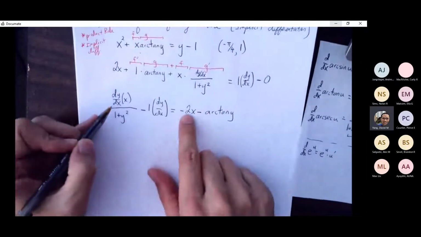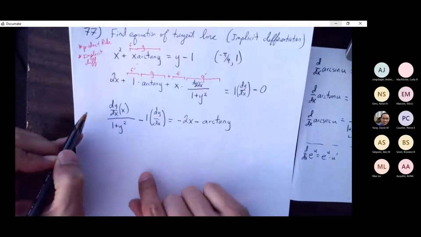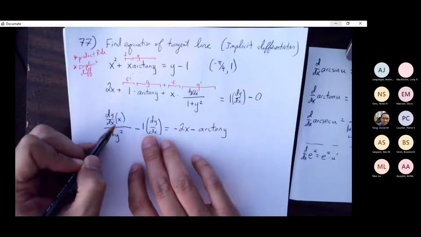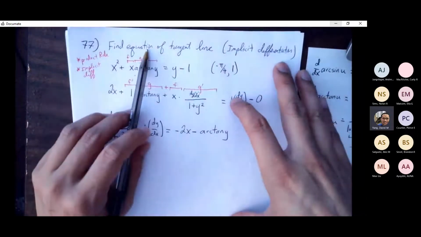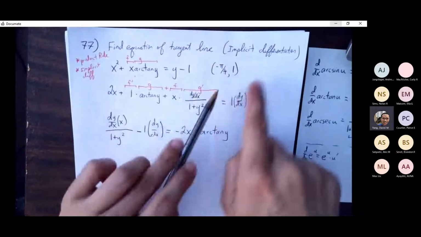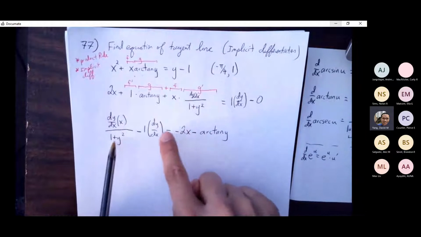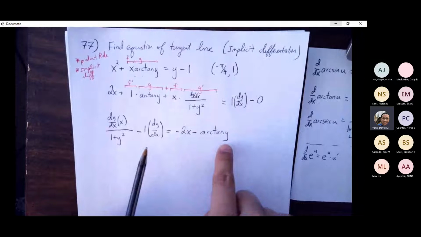Okay, so now we could isolate the dy dx by itself first, but we're really not after the derivative equation. We're after the slope. So as soon as my dy dx's are showing up, I can start inserting my x value and y value in. I think that will speed up the process in terms of cleanup. That way there's less variables to keep track of.